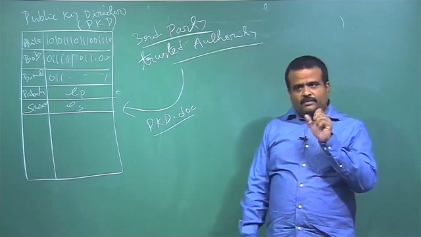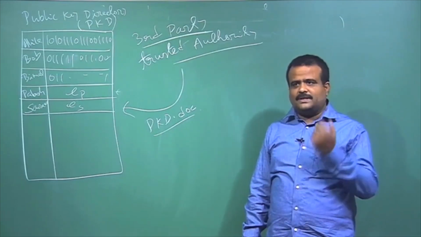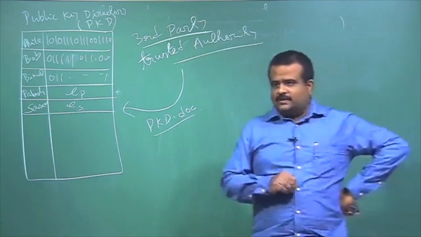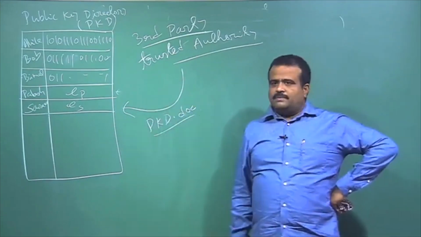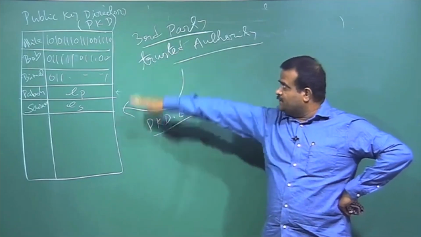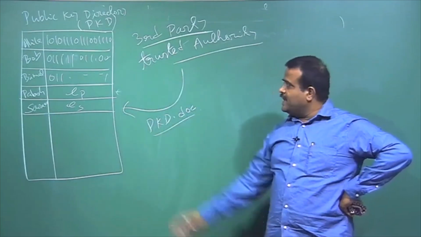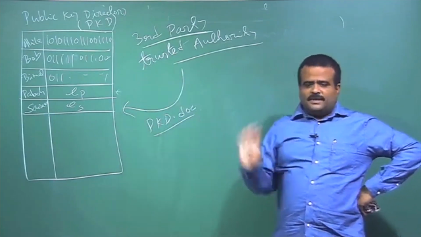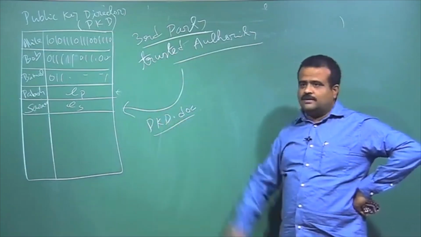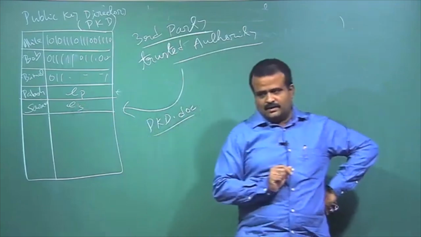So now I am going to change this public key, private key pair. I again run the setup phase of the public key cryptosystem and get a new public key. So, I have to change the old public key. I will contact this trusted authority who maintains this public key directory, and I will send my public key, and the trusted authority will replace my old public key by the new public key.